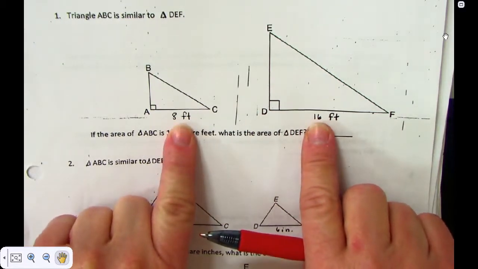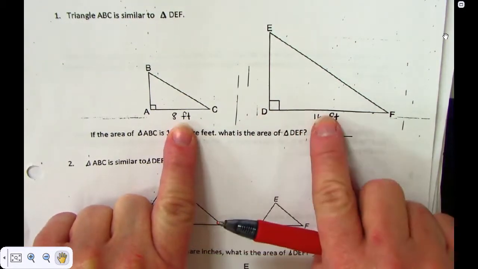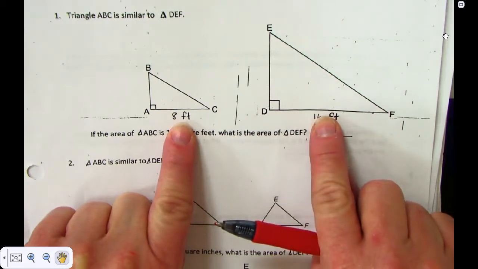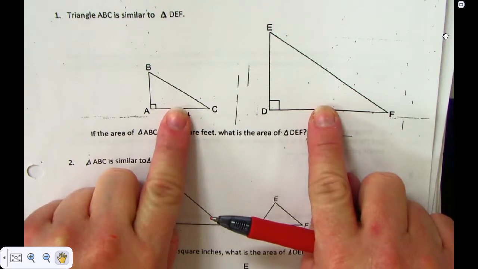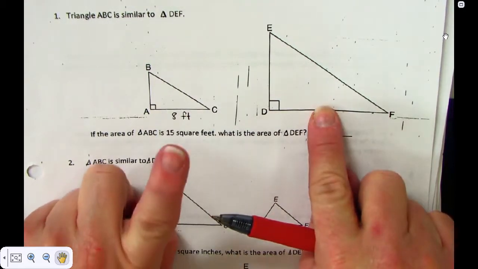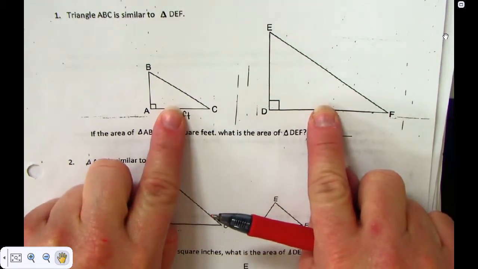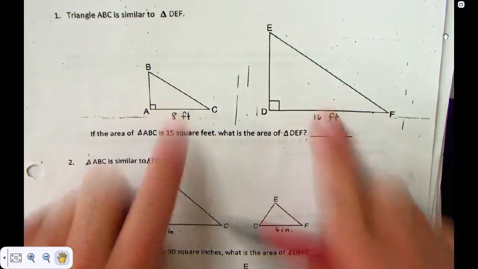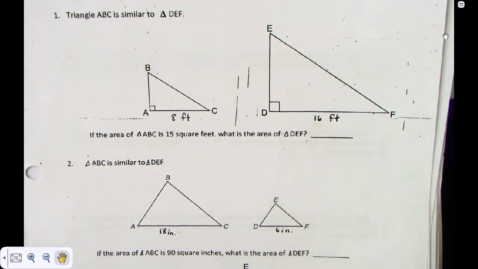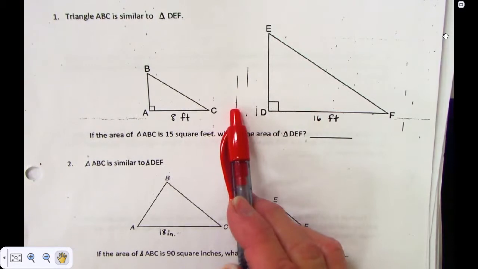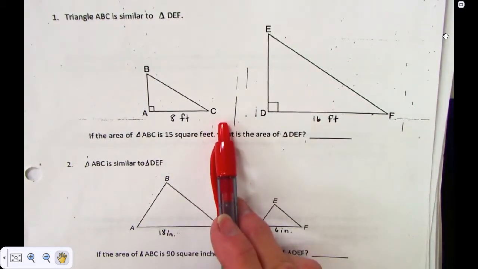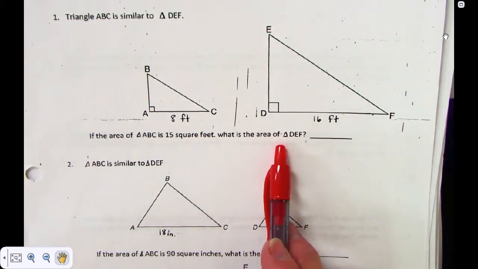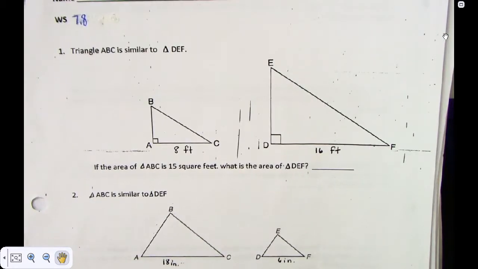Think about what the scale factor would be. 8 times what is 16? Or you can divide the new dimension by the old dimension. 16 by 8 gives you 2. So you know the scale factor on this is 2. You use the 2. We're doing area, so remember the rule.